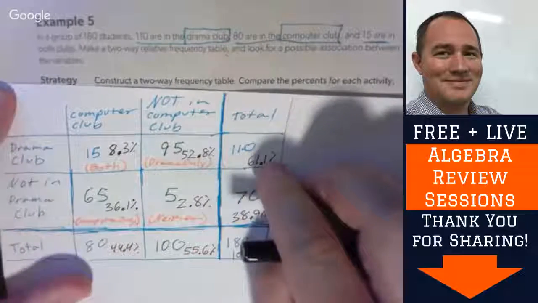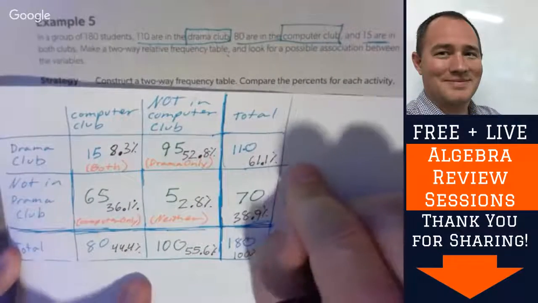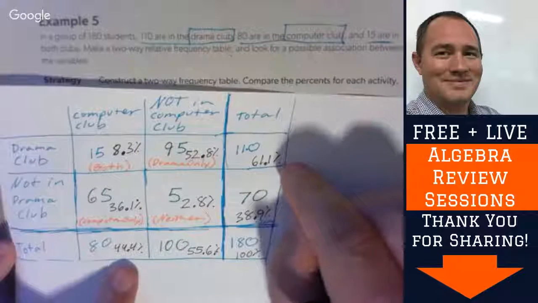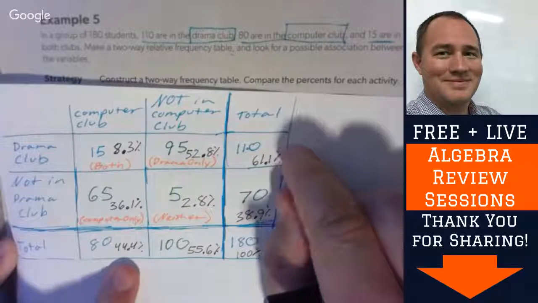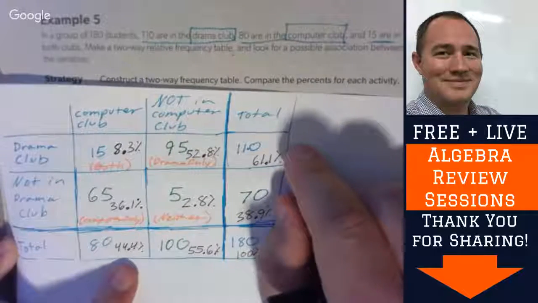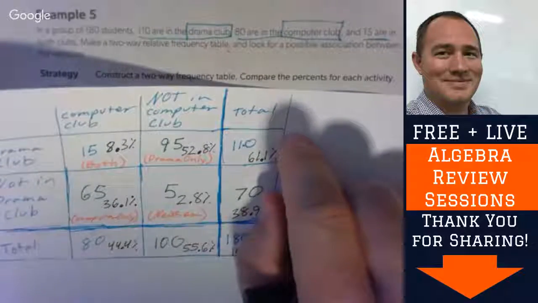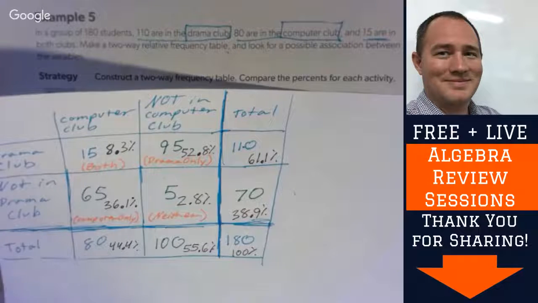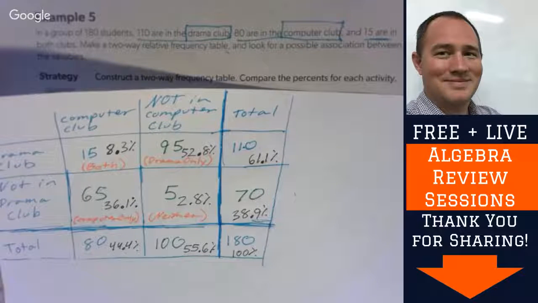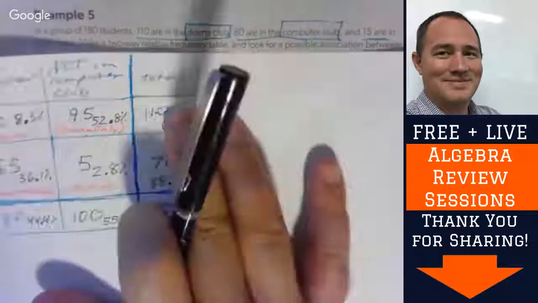And then we can start to look at this: 44% of the total students are taking computer club, and 61% of the students choose to take drama club. So that could start to help you make decisions if you're looking at funding or expanding space and resources for a certain club. You'd say, well, the numbers tell us that drama club is a little bit more popular, so we should put our resources in that direction.